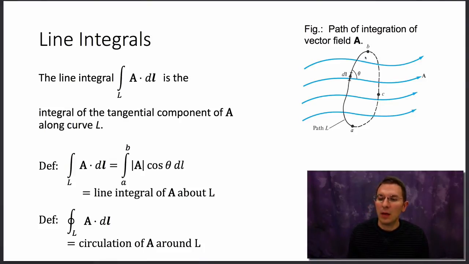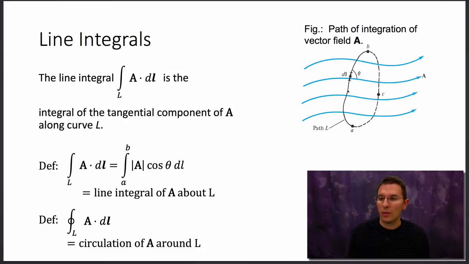If the integral of A dot dl is large, for instance from A to B, then there's going to be a strong force pushing the particle, if you can think of it that way, from A to B. If at every point A is normal to this curve, in other words, if at every point along this line the vector A is at 90 degrees to the line, then the line integral from A to B will be 0.